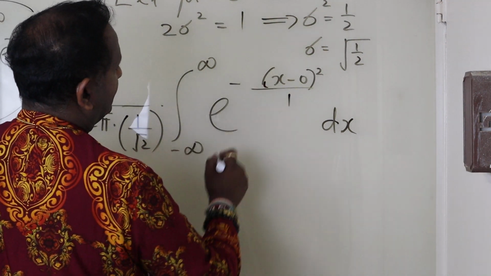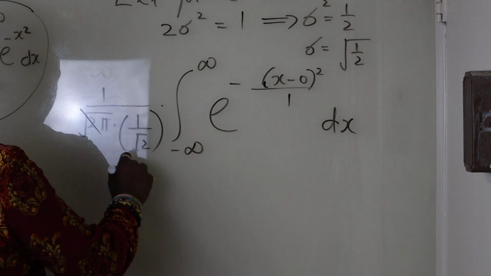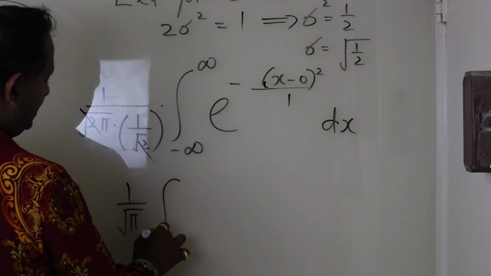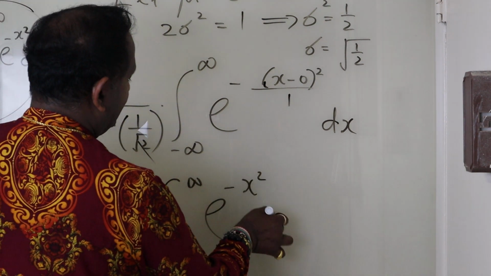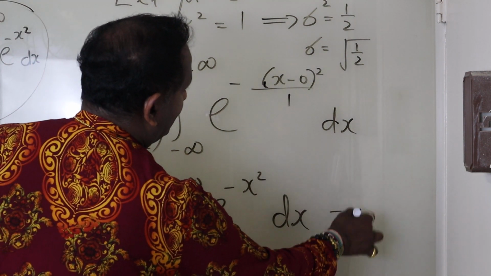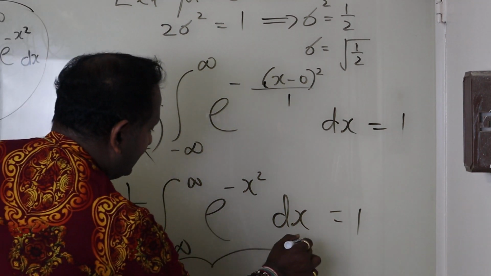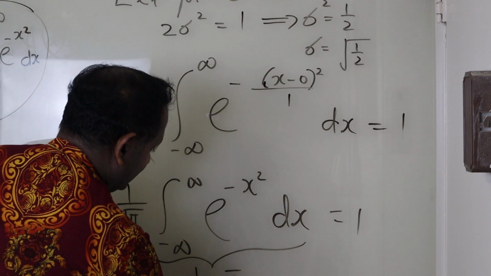Like that. So here we can see it cancels out: 1 over square root pi, negative infinity to plus infinity e to the minus x squared dx equals 1. This is nothing but I. See, 1 over square root pi times I equals 1.